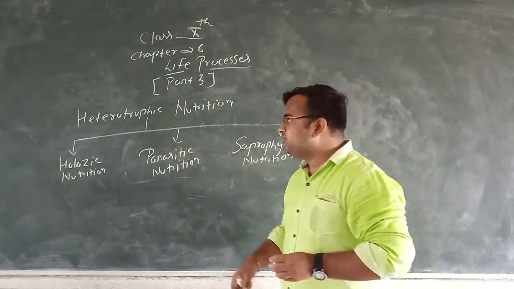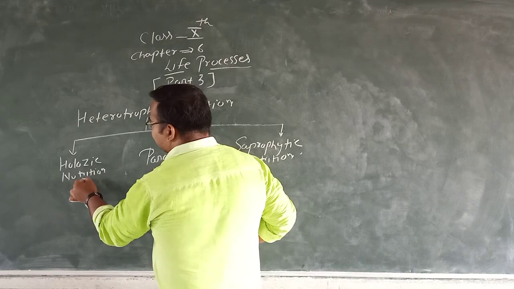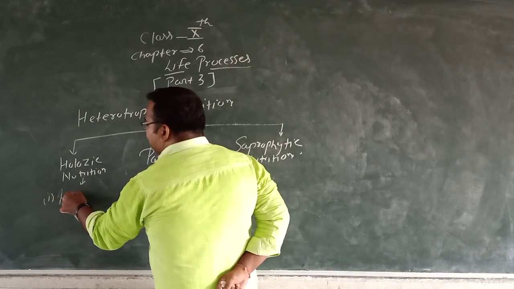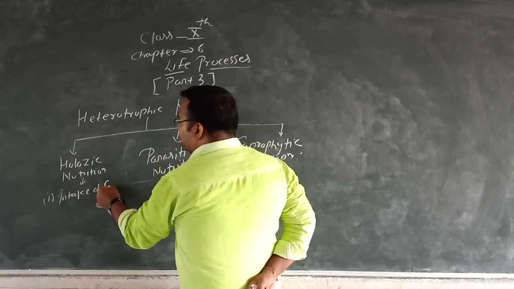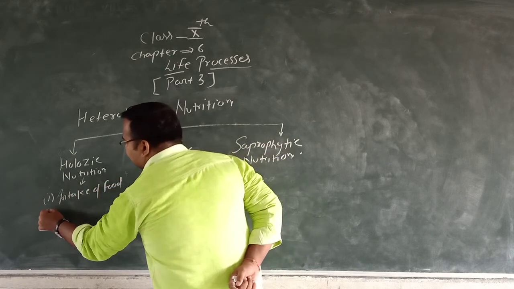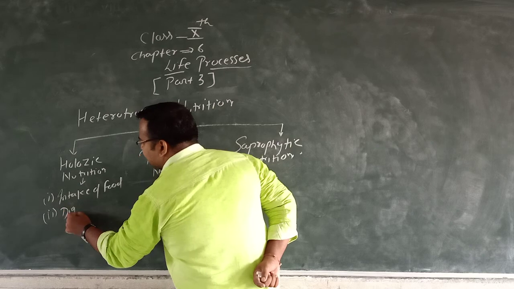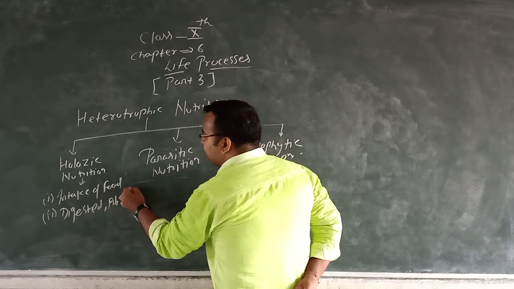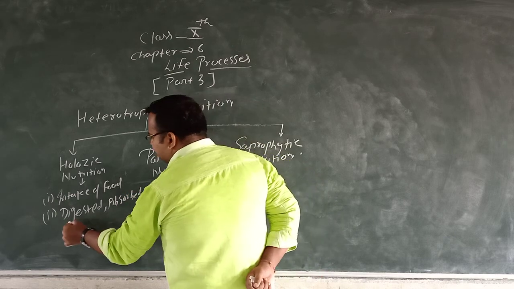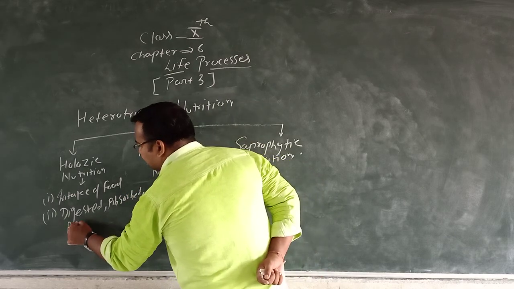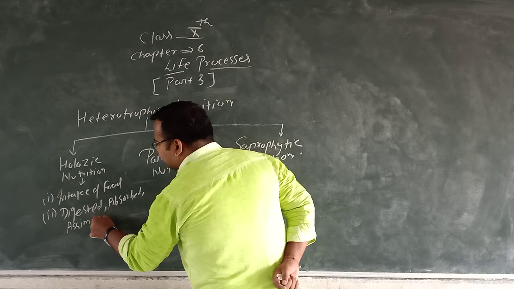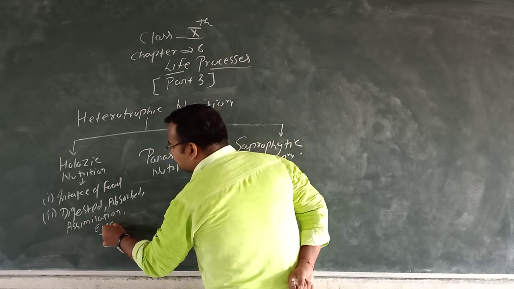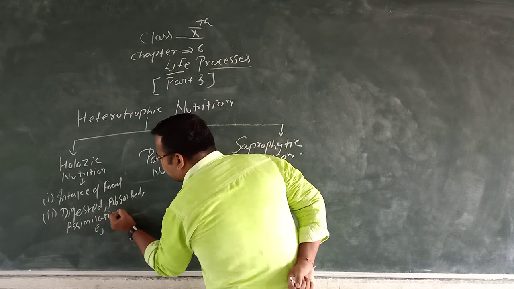Now see, holozoic mode of nutrition means what? In this, food is taken in, then the food is digested, absorbed, then assimilated, and finally there is ejection or egestion.